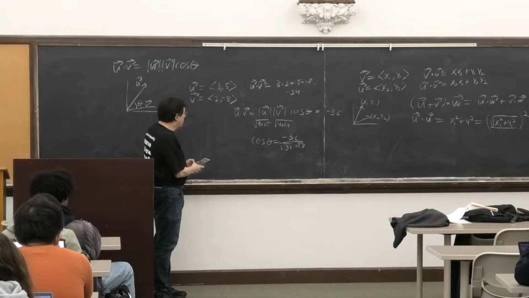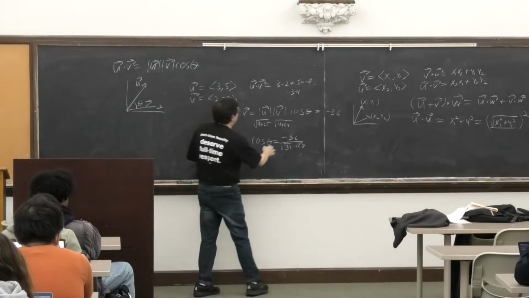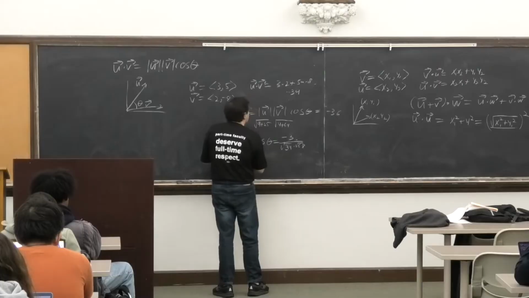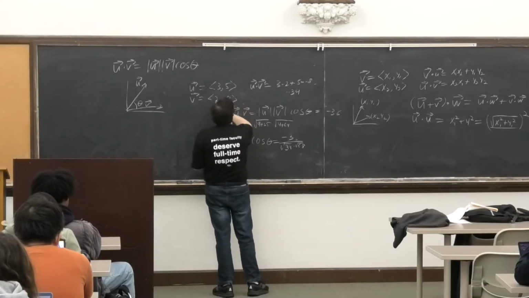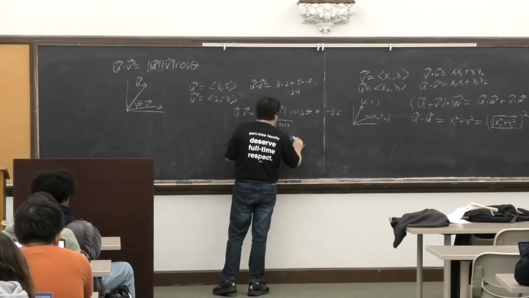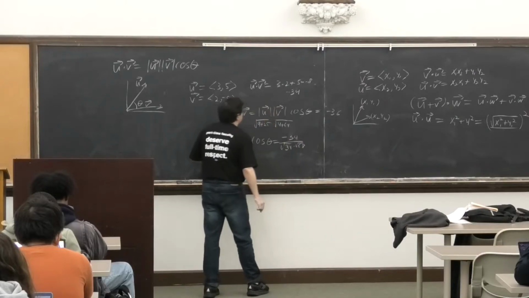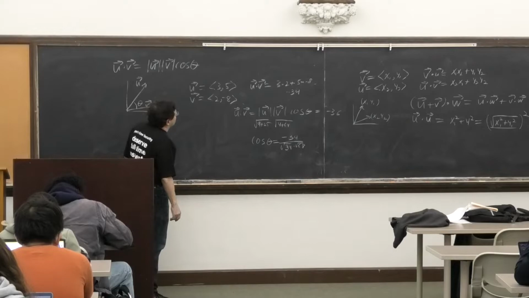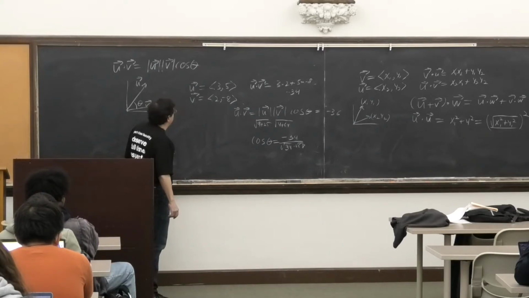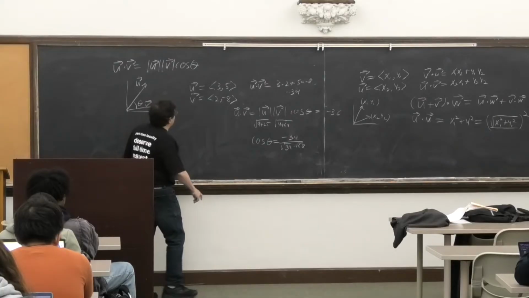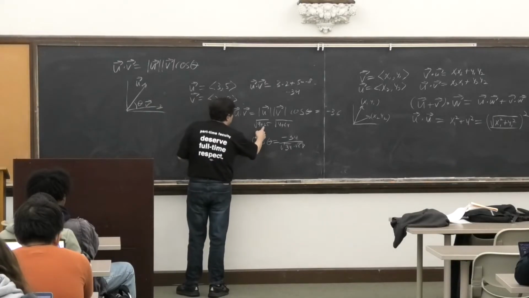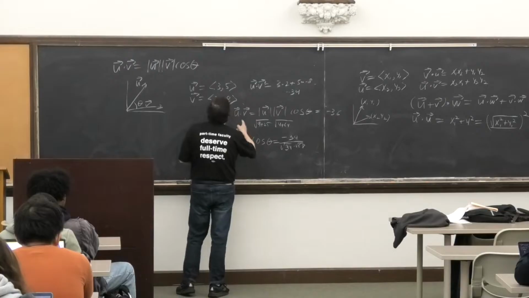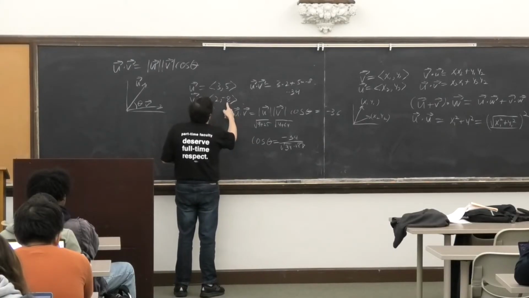Wait a minute. Didn't I say this is -34? That seems like too much of a coincidence. 6 minus 40 is -34, that's right. And you were saying the square root of 34.